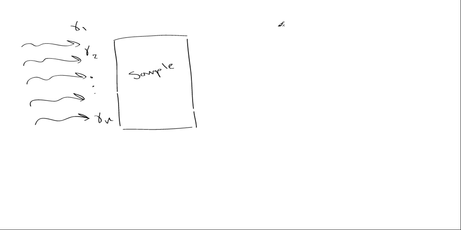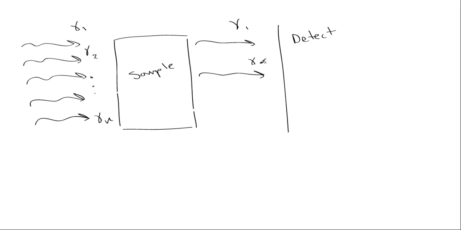So if on the other side of this sample we put a detector to detect which photons come through on the other side, some of the photons might be absent. Say if gamma 2 has an energy which exactly matches the energy level of one of the atoms in this sample, then it will be absorbed and will not show up on the other side and be detected by the detector.